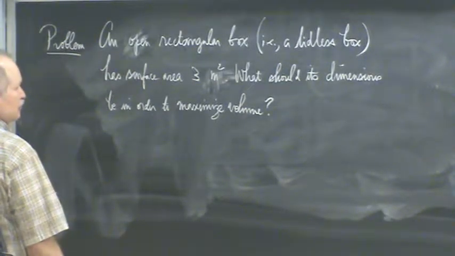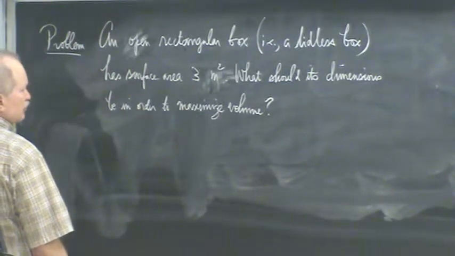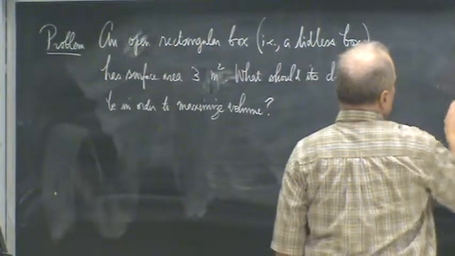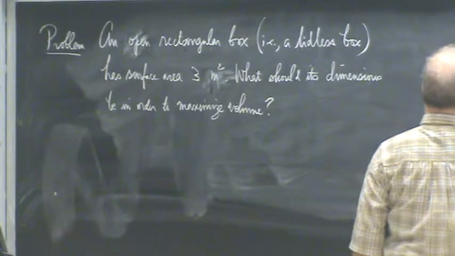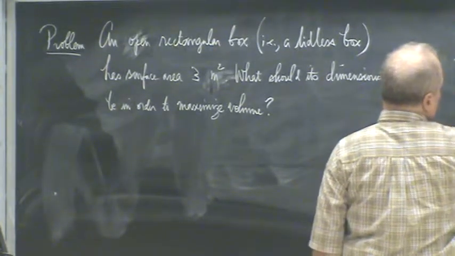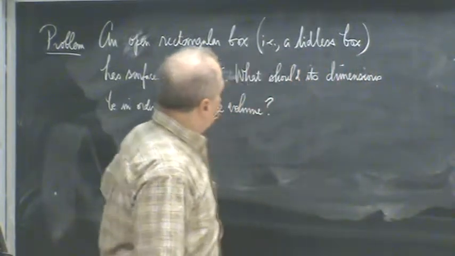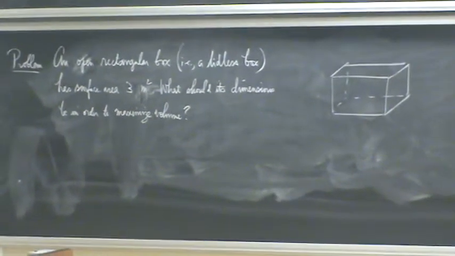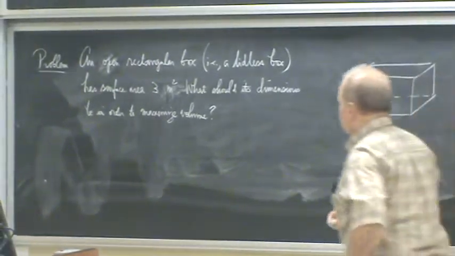It still has surface area 3. You just have to keep making one dimension infinity, I guess is what they're trying to say. So are you saying if I write down this condition, that it does not create a compact set in my set of variables? Yes.